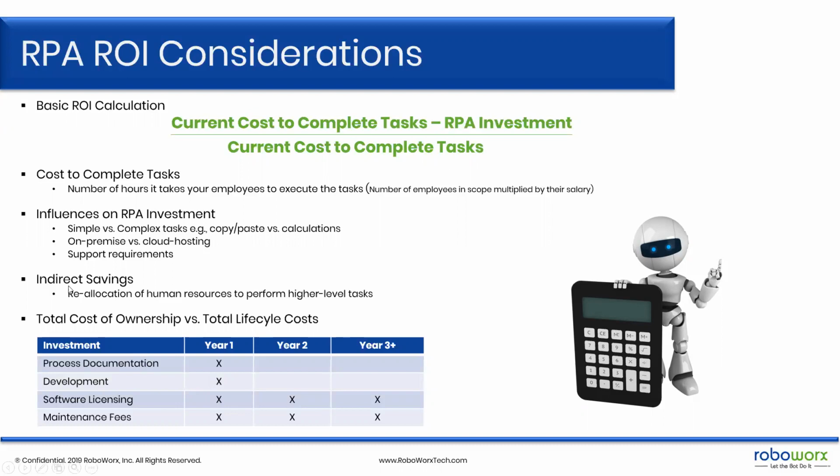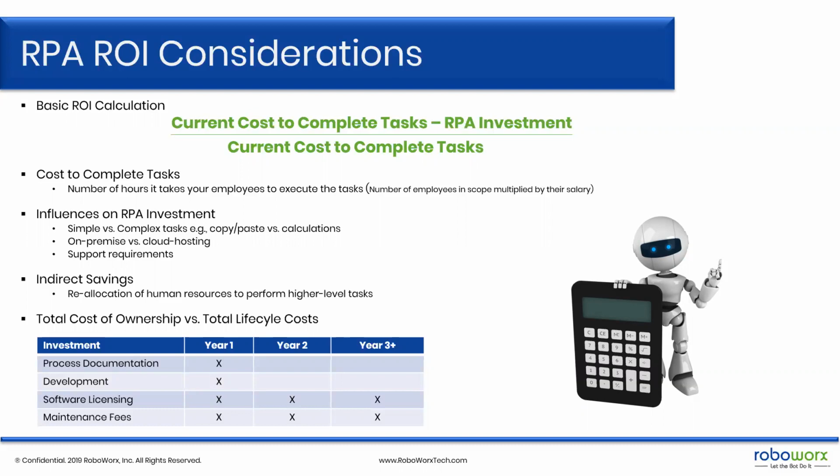This note here about indirect savings is just kind of a side note. I mentioned it briefly earlier in the presentation. Once you've got software robots in place processing tasks, then you've got these workers. So what can you do with these human workers? Hopefully you can redeploy them into a different project, a value-added task, and that in itself can bring the organization better ROI.